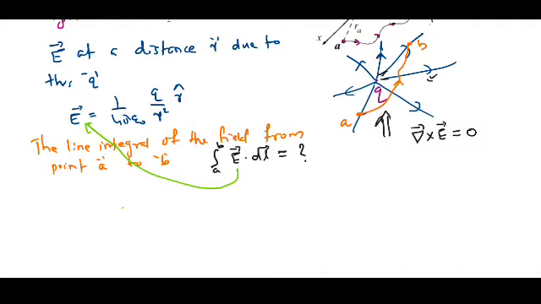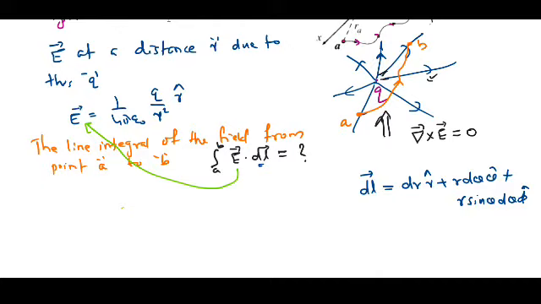Then what about this dl? dl in spherical polar coordinate system is given by dr r cap plus r d theta theta cap plus r sin theta d phi phi cap.